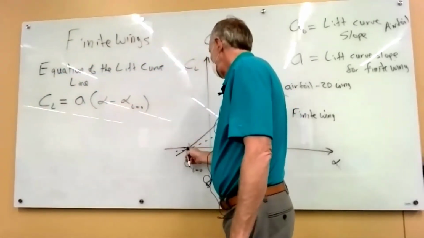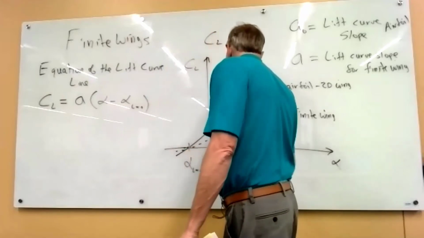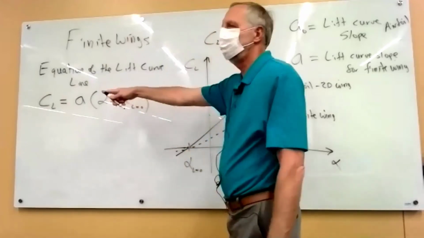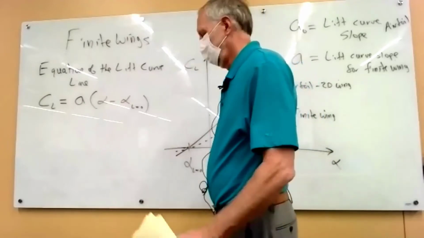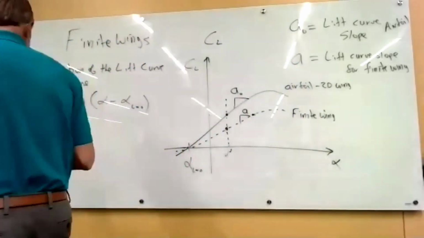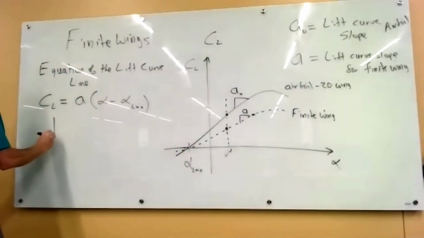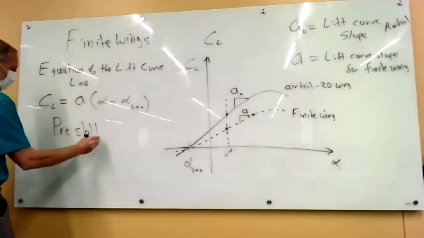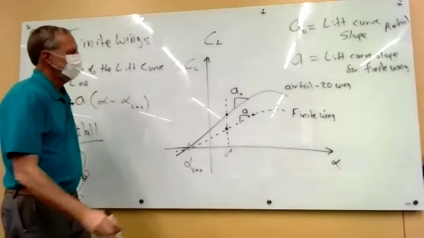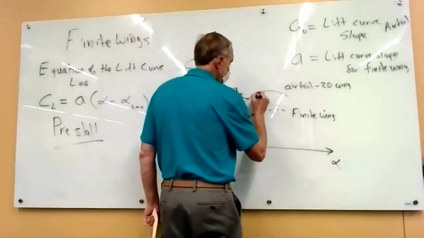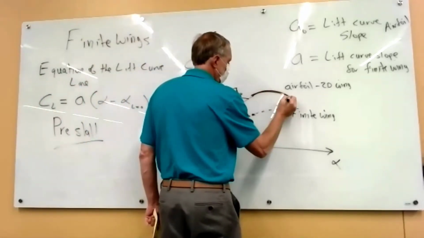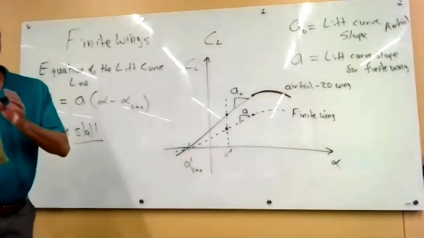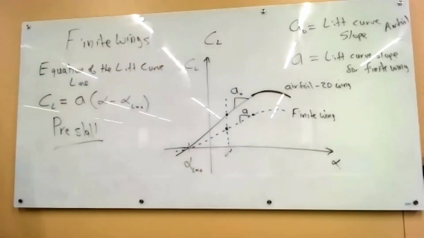You start here where CL is 0, and you run out a certain distance at that slope, and that's what you get for the CL. Notice this only works in the linear region. But for a stall, because this is not a straight line once you start looking over, that line equation doesn't work anymore because it's not a line.